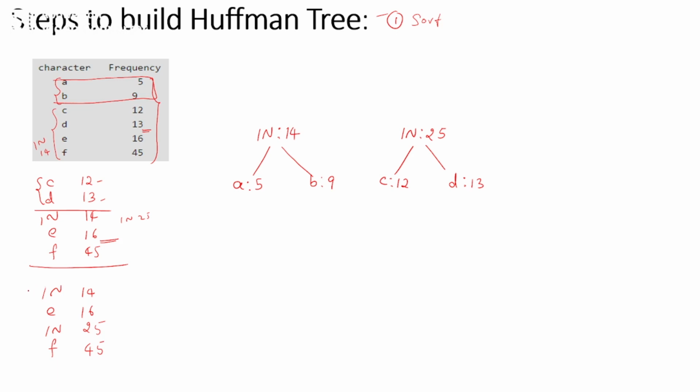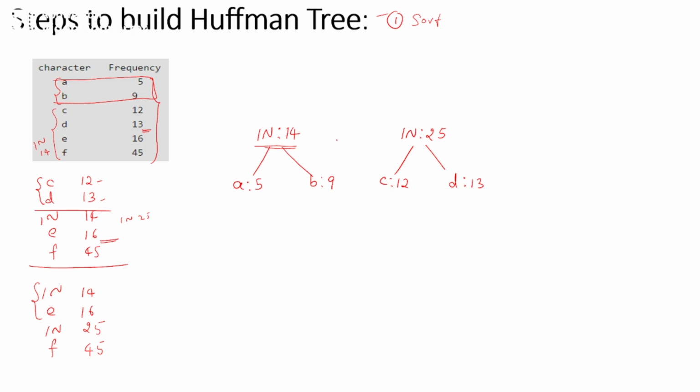Now once again let us go for the next step, where you are going to select the smallest two things. One is inner node 14 and E16. So inner node 14 is over here, right? So let us start with inner node 14, and we have one more key, one more character as E16.